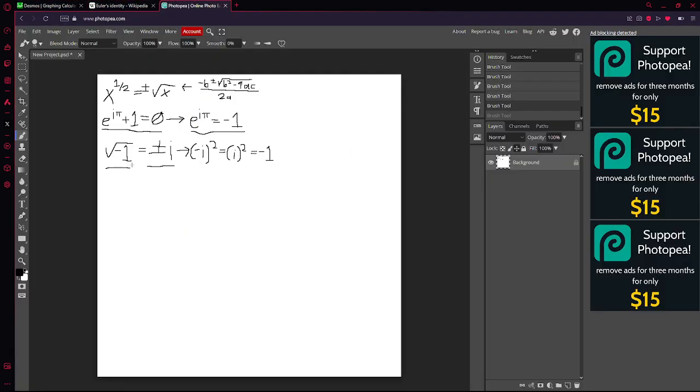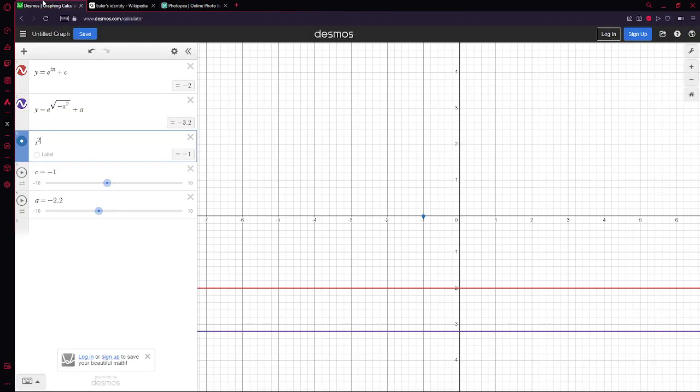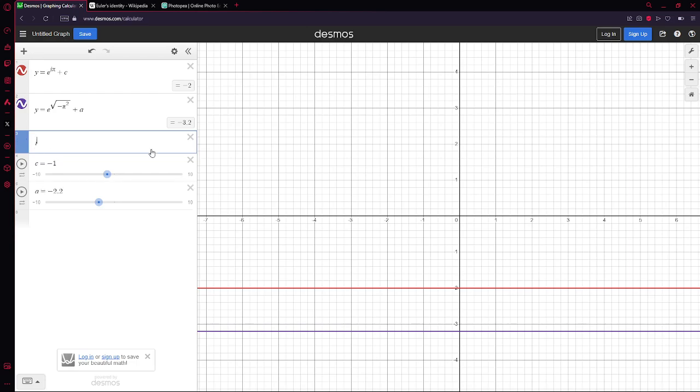If you're confused, i is equal to the square root of negative 1. But you can see right here, i to the third is equal to negative i. It just goes on and on.